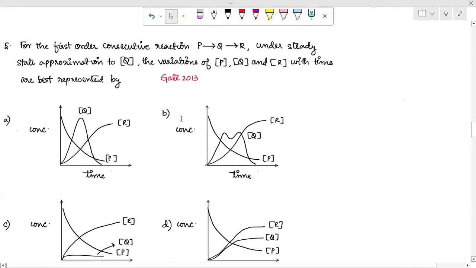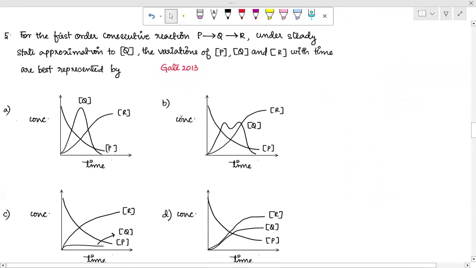Question number 5 is very easy. For the first order consecutive reaction P giving Q giving R, under steady state approximation to Q, the variation of P, Q, and R with time are best represented by.